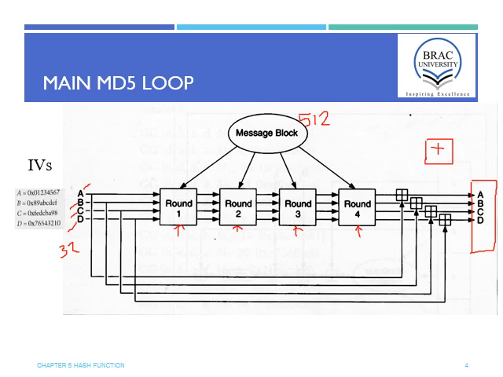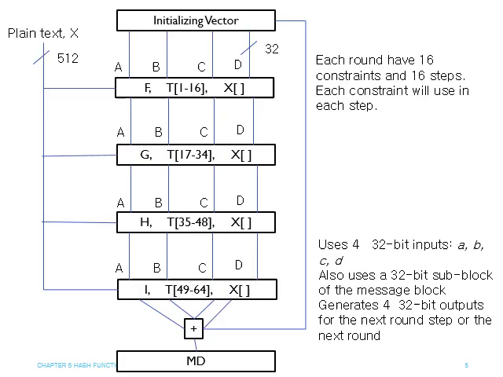Okay, let's see. Now I am showing you the inside of one round. So we have this initializing vector, we have these 4 blocks. Each block is 32-bit, and also plain text is used in each block.